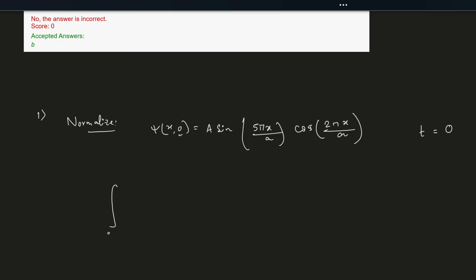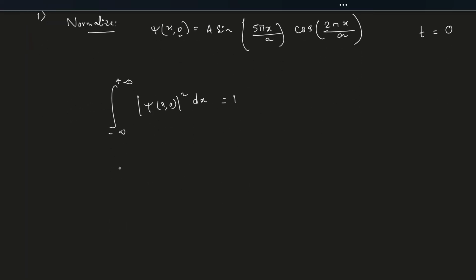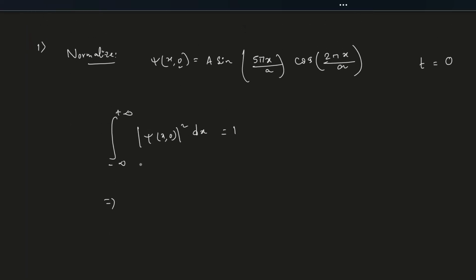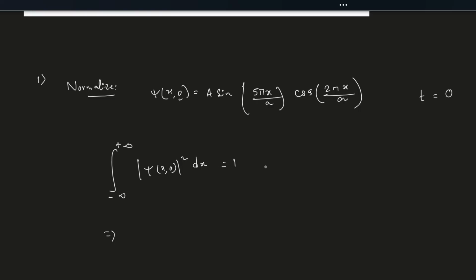Now applying the normalization condition means you have to integrate |psi(x)| squared dx to be equal to 1. So |psi(x)| squared means psi star into psi.